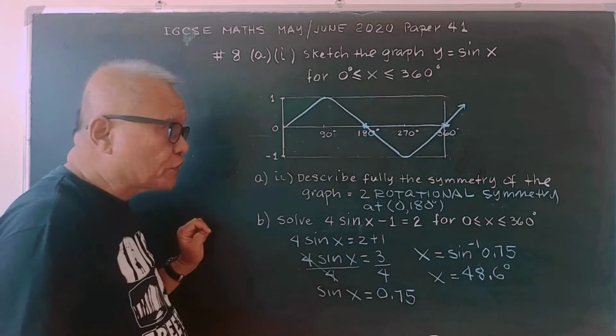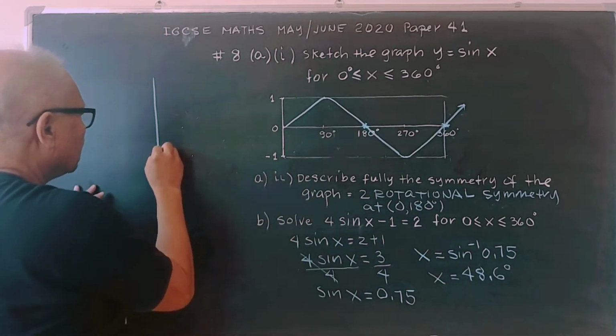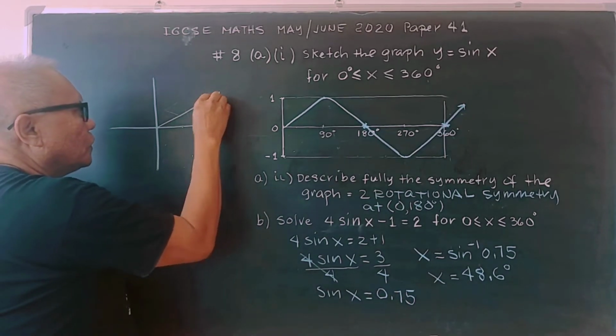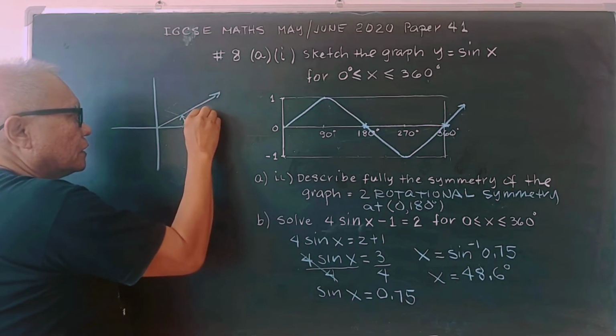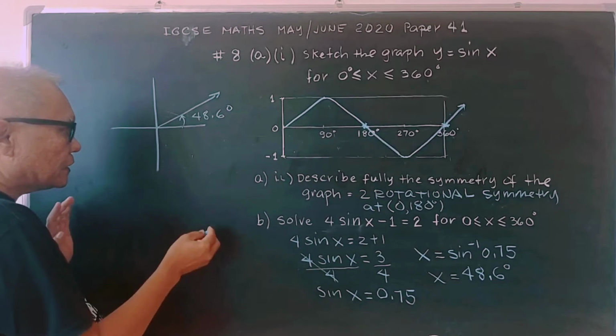So that is in the first quadrant. So if you are going to draw that one here, this one is 48.6 degrees. That is in the first quadrant.